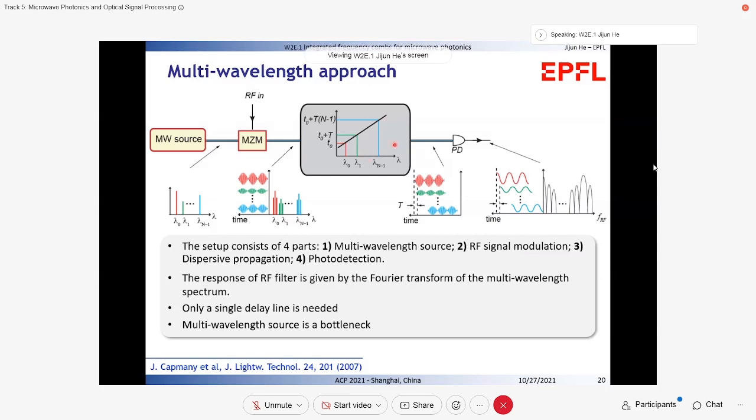Third, the modulated comb is propagating through a dispersive element like a kilometer-long single-mode fiber. And finally, the optical signal is beaten and received by a photodetector to retrieve the RF signal. So by working out the math, we can find that the RF filter response is given by the Fourier transform of the multi-wavelength intensity profile.